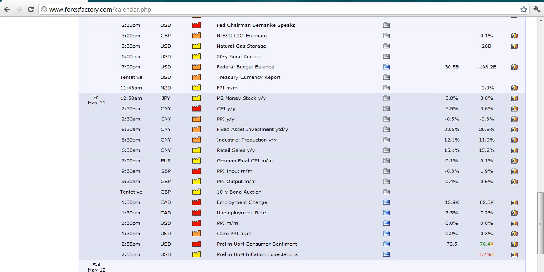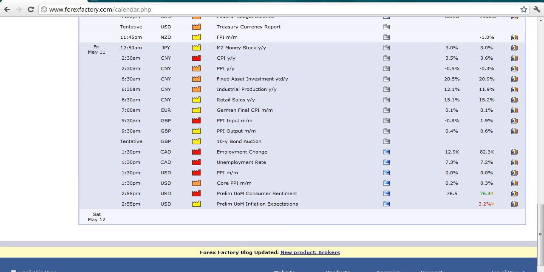from Bernanke. On Friday, what do we have? We have China's CPI. That's a big number for any of you that trade indices, and it also has an effect on euro dollar. At 9:30 UK time, we have PPI input numbers month on month, forecast at minus 0.8%, previously was 1.9%, so we're expecting a decrease in those numbers.